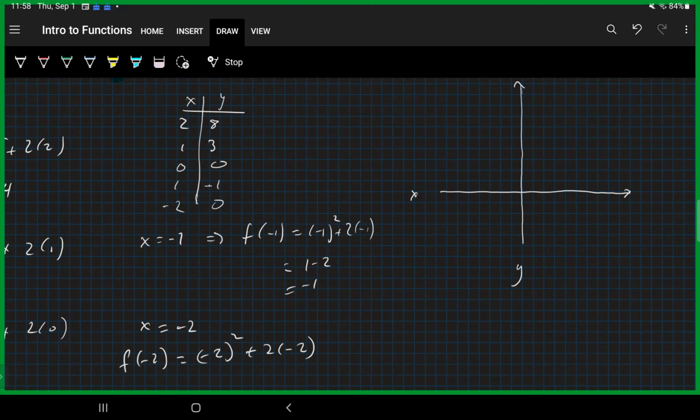So let's see, -2, 0. And for some reason, that -1 keeps eluding me. That's 6 and 8.